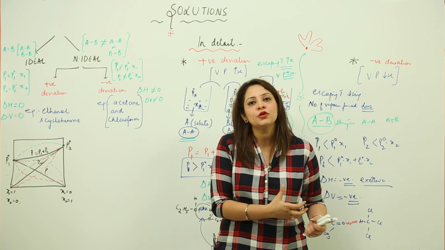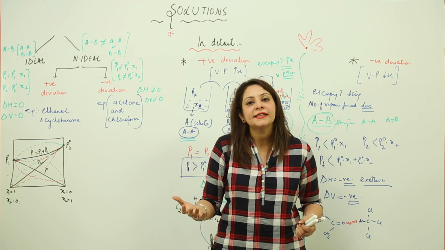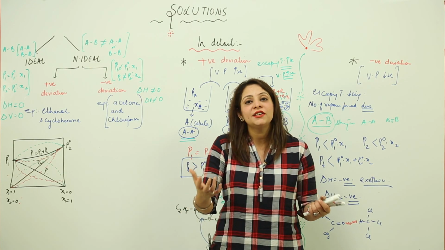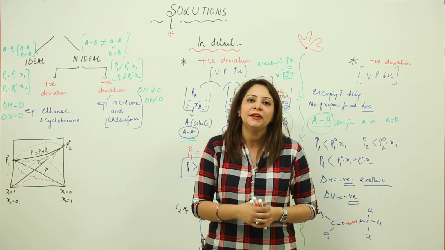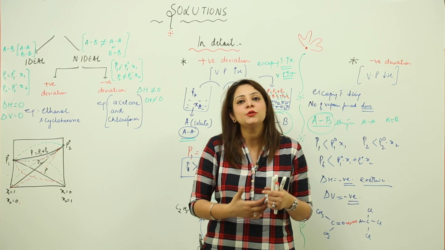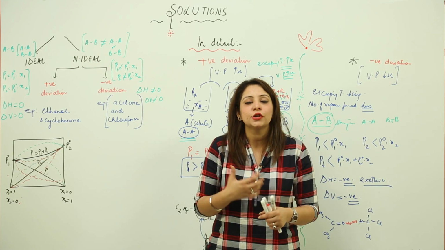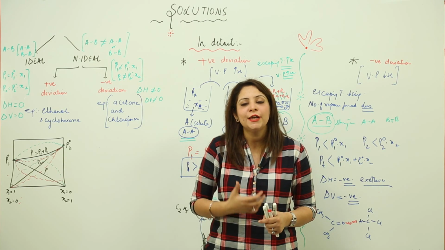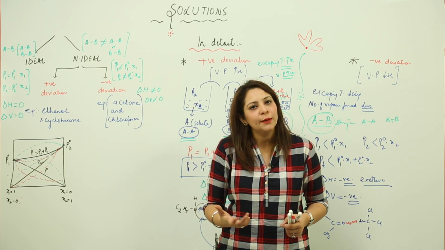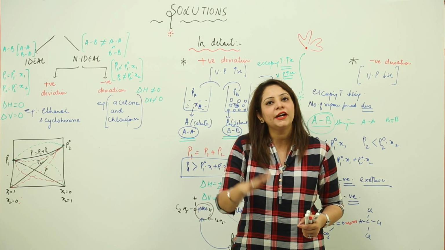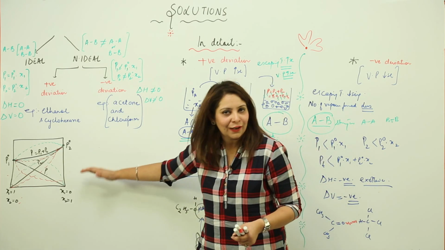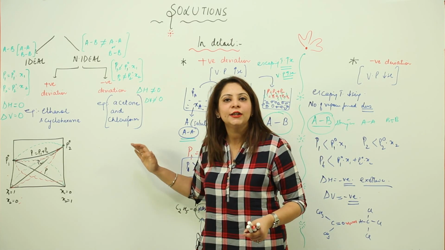When the attractive forces are more, the escaping tendency becomes less, and when the attractive forces are less, the escaping tendency increases. Likewise, you have to answer accordingly, taking into consideration delta H and delta V, and you will come to know whether the vapor pressure is increasing or decreasing, and you can show that with this graph also. So this is our ideal and non-ideal solutions.